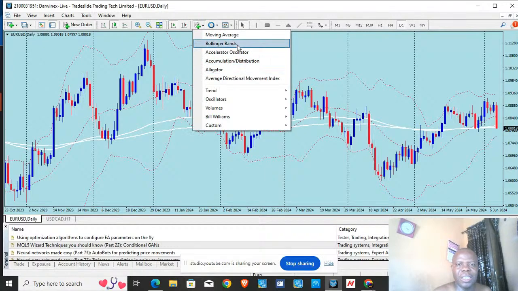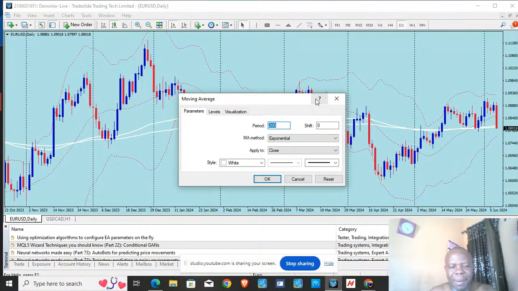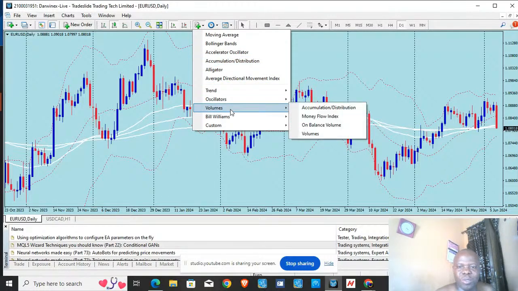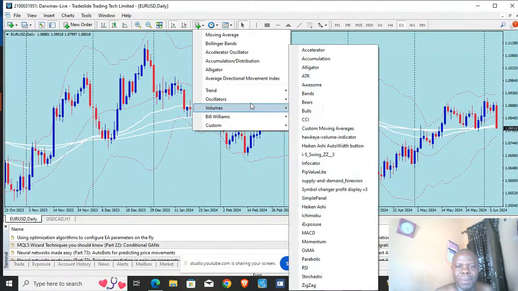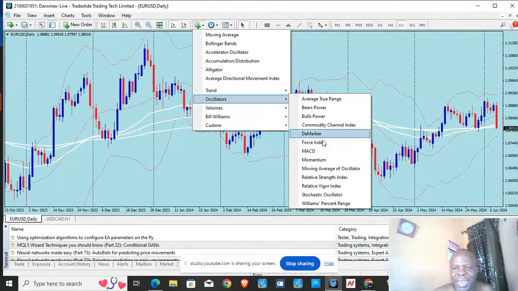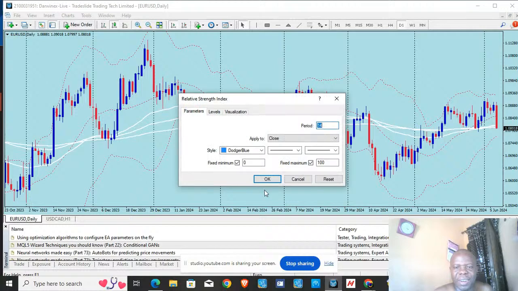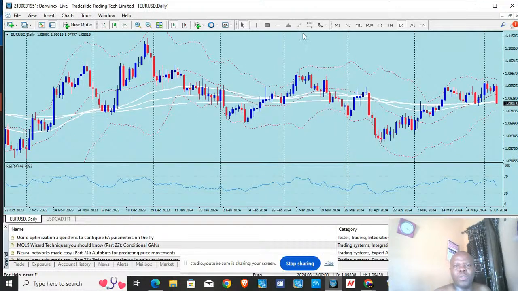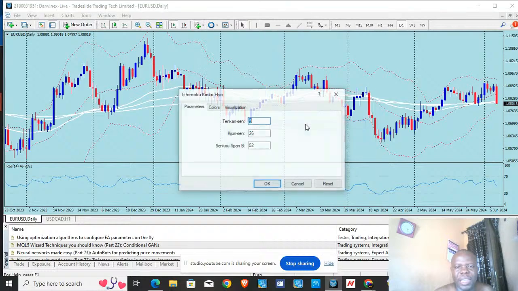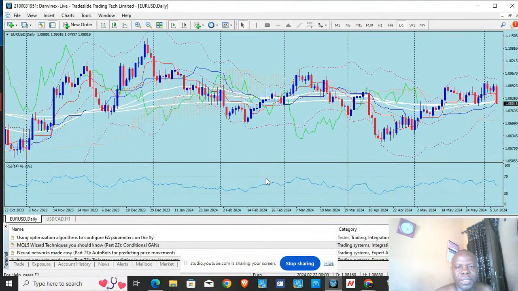I will still put another moving average, this time around 50. Then I will pick under oscillator, relative strength, and so on and so forth. And some other people may also like this one, they call it Ichimoku.